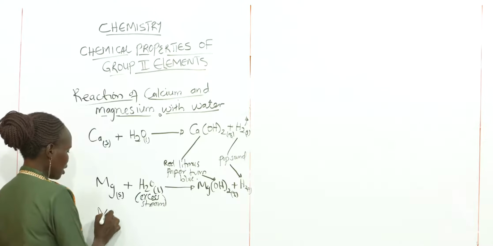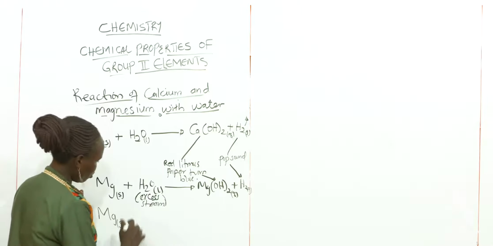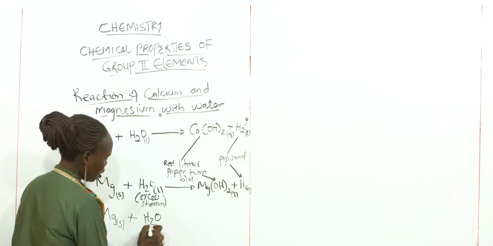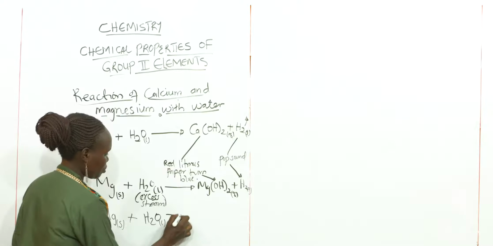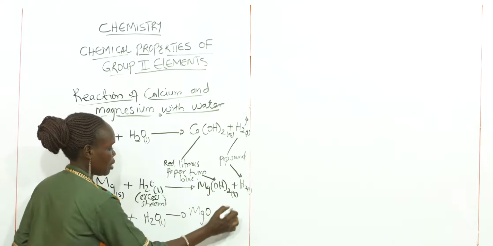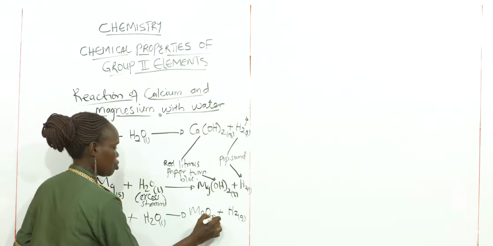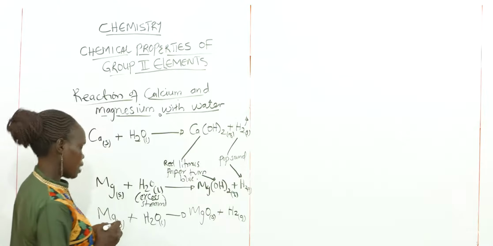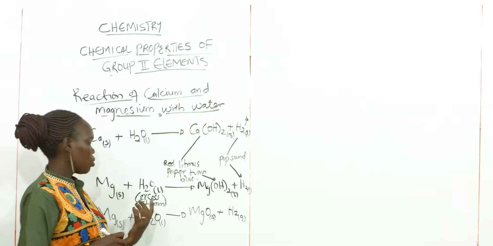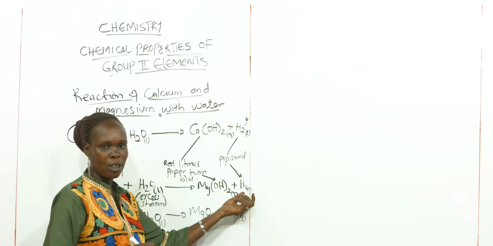When the water is not in excess, we are going to have magnesium oxide plus hydrogen gas. Magnesium oxide represents a solid. For the first reaction, in the presence of excess water or excess hot water, we are going to have magnesium hydroxide and then hydrogen gas.